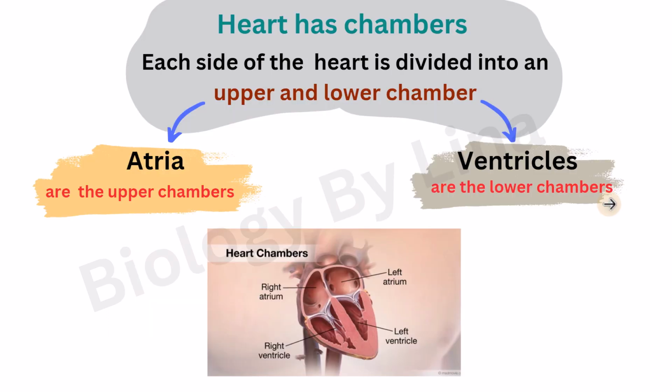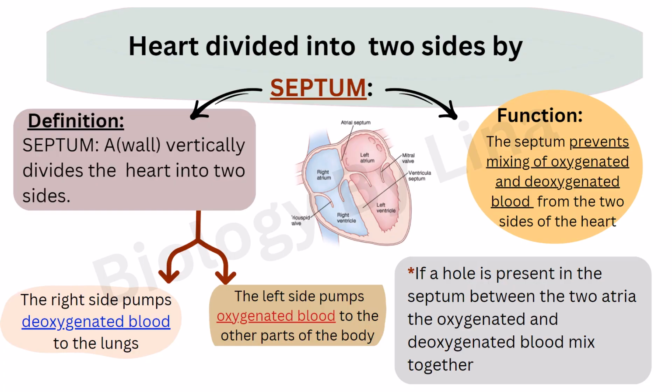So if we return to the figure, we can see the atria and ventricles, and we say that the atria receive the blood, while the ventricles pump the blood. Here, the right atrium receives which type of blood, oxygenated or deoxygenated? It receives deoxygenated blood, while the left atrium receives oxygenated blood. And the ventricles pump the blood.